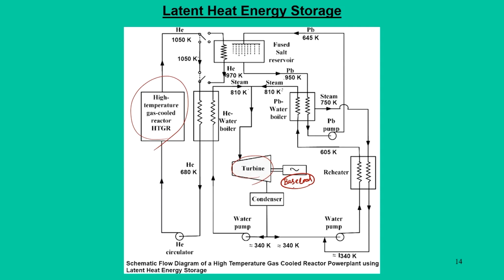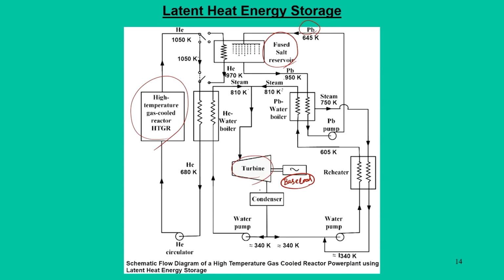But the extra feature added here is a fused salt reservoir, which is nothing but your latent heat based storage unit, and this salt absorbs energy from the necessary working fluid, which is called the secondary fluid. Here the secondary fluid is PB, which runs in the circuit of this fused salt reservoir and the main plant unit.